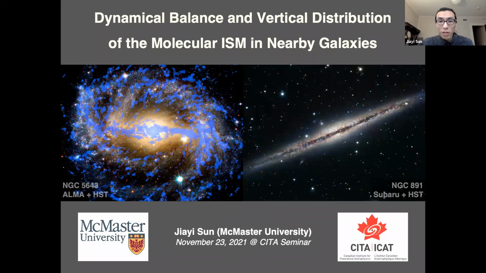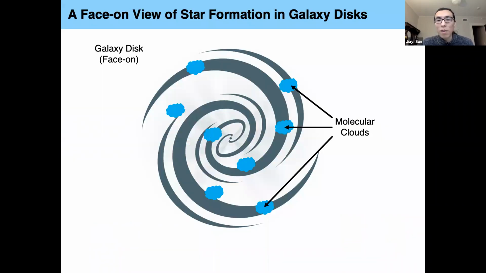I would like to start by describing two complementary views of how star formation works in galaxies. The first view is best illustrated in this face-on cartoon of a galaxy. We have spiral arms, we have molecular clouds, most of them lying along the spiral arms, but some can exist in interarm regions. These molecular clouds could hold a significant fraction of the total gas mass, especially in the inner part of the galaxy.